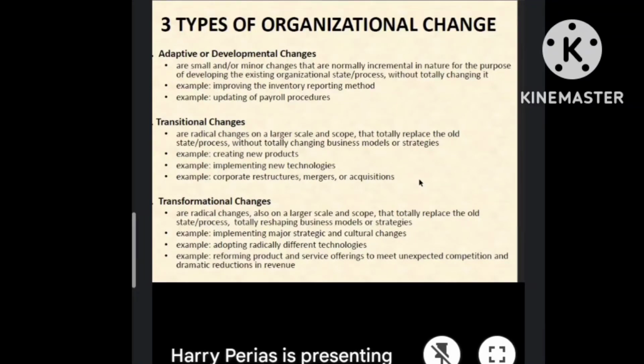Okay? So, kapag ginawa nating automated yan, nakipag-partner tayo sa isang bank para magkaroon ng ATM cards ang ating mga employees para kapag sasahod ang mga employees is through ATM na, hindi na manual, hindi na i-distribute physically.